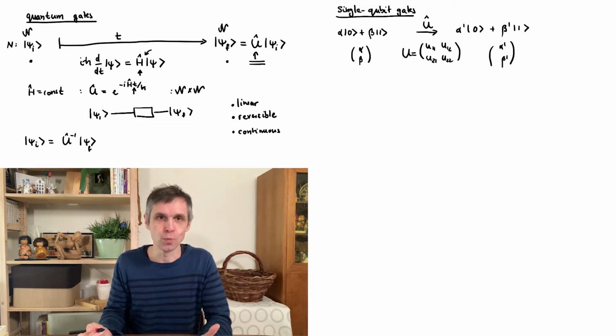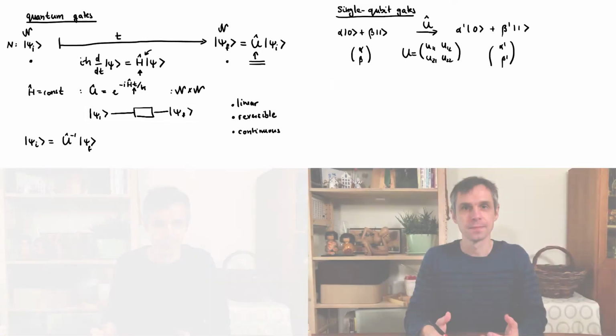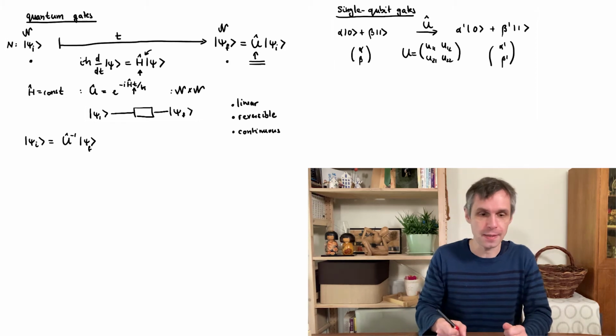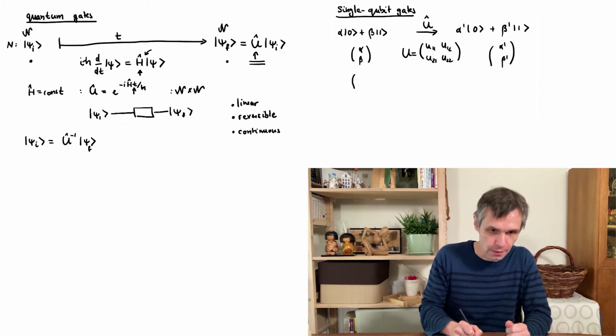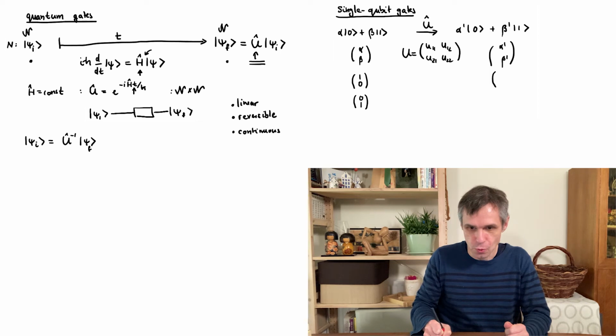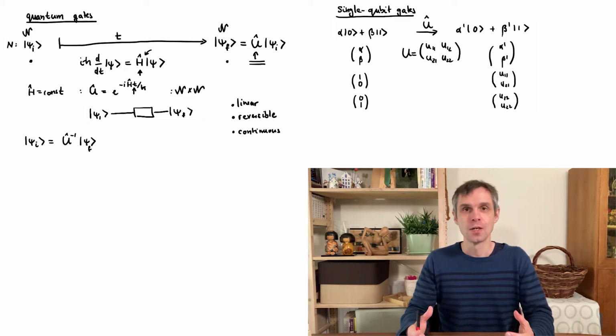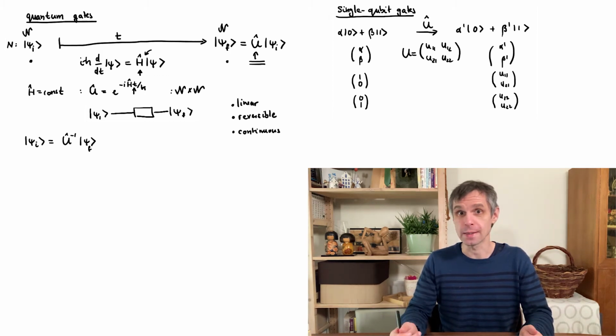So this would be a 2x2 matrix with 4 matrix elements altogether. Furthermore, because this transformation is linear, we can completely specify it by determining how it acts on the two computational basis states, which in terms of vectors are given by these unit vectors here. And the results are simply the columns of the matrix U. So this is simply the result of the matrix multiplication of the matrix U by one of these basis states.